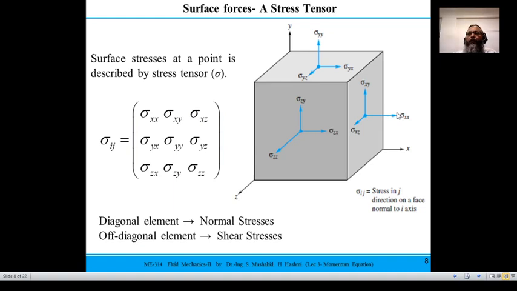So typically the diagonal elements of this stress tensor are actually the perpendicular directions on this differential element, and all these off diagonal elements are actually acting parallel to the surfaces. So that would be responsible for the shear stress.